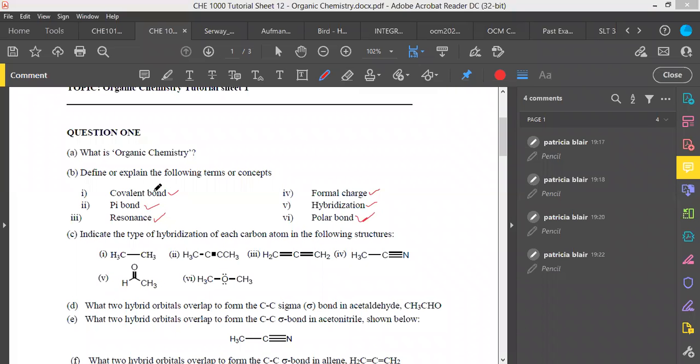So yesterday we had defined what these are, and I presume we had even done hybridization.